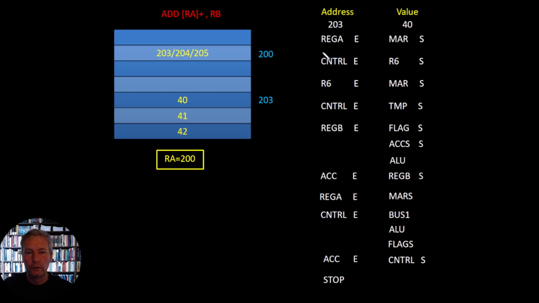What we want to do now is work through all of the lines of our microcode. Each of these lines has an enable. They only ever have one enable, but they may have multiple sets.